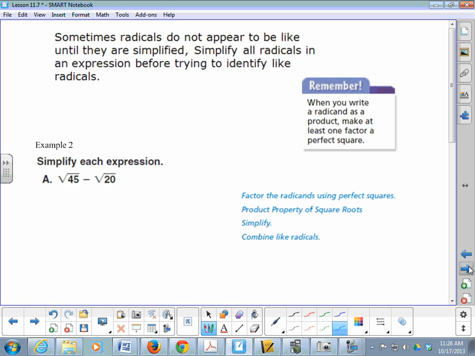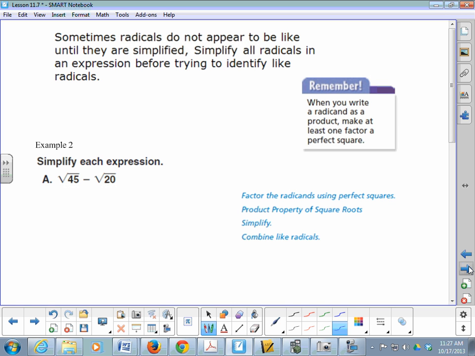Now, sometimes we have radicals that we've got to simplify before we can combine them. So we're going to take all those skills you learned in the previous lesson, 11.6, with the skills you just learned in that lesson, example 1.